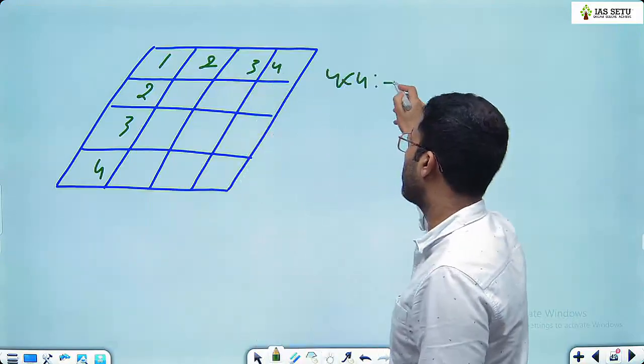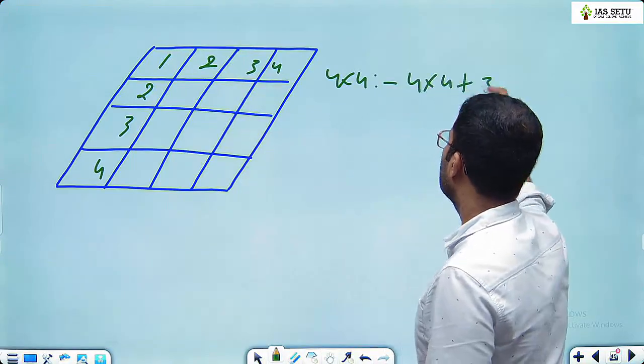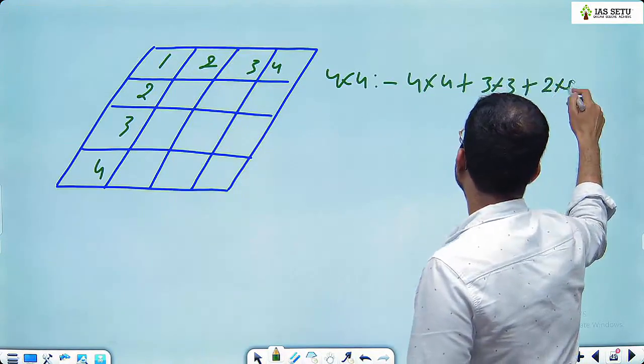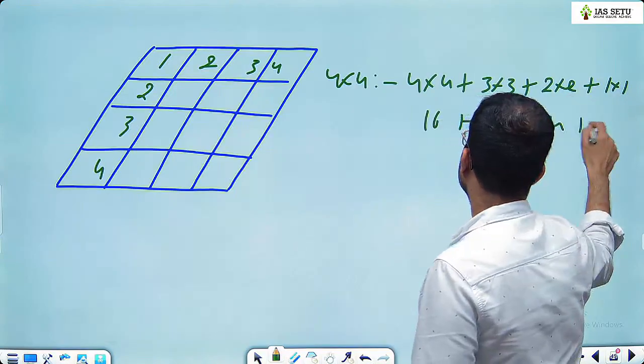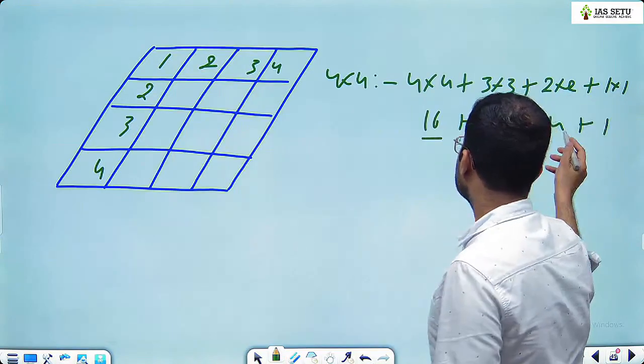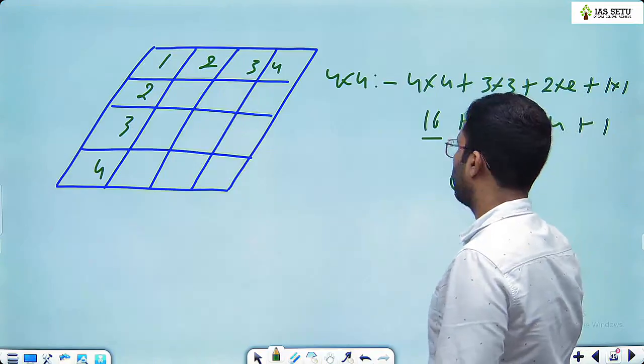This is 4 by 4: 4 into 4 plus 3 into 3 plus 2 into 2 plus 1 into 1. This is 16 plus 9 plus 4 plus 1. So this is 25 plus 5, 30.